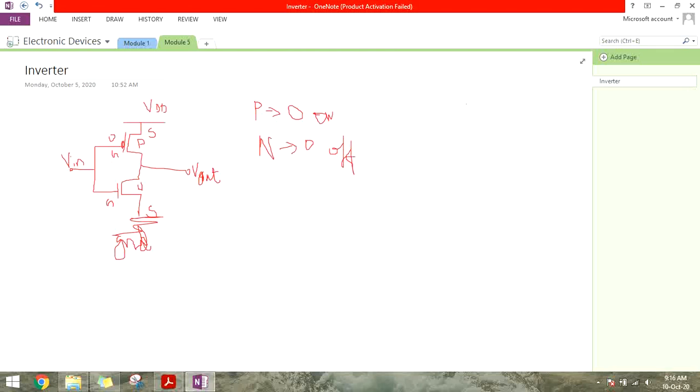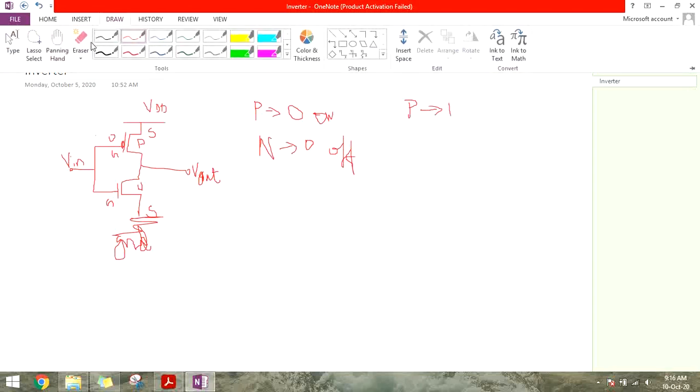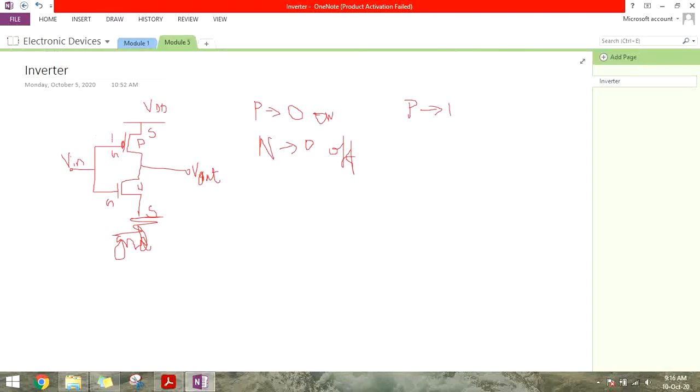Similarly, if 1 is provided to the gate terminal of the PMOS, it will turn off, and if you provide 1 to the gate terminal of the NMOS, it will turn on.